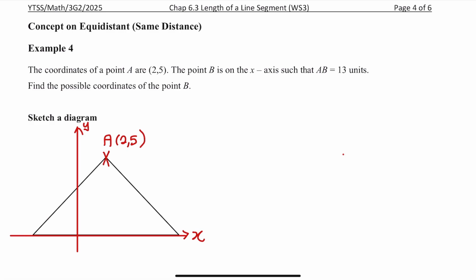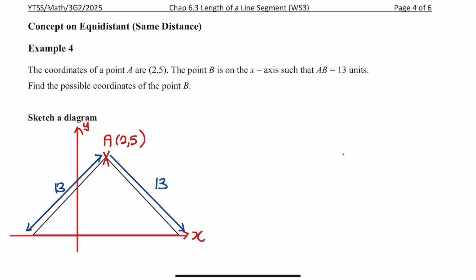So if we follow a similar concept, B can lie either here or here, whereby this distance here, let's label, is 13 units. This distance here, I draw an arrow so that it's clearer. Okay, this distance here is 13 units. This distance here can also be 13 units.